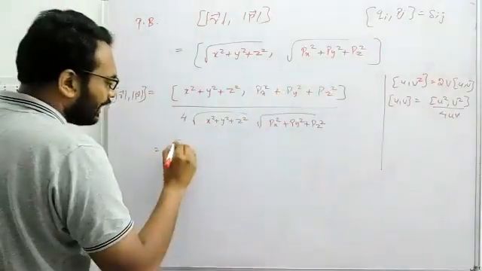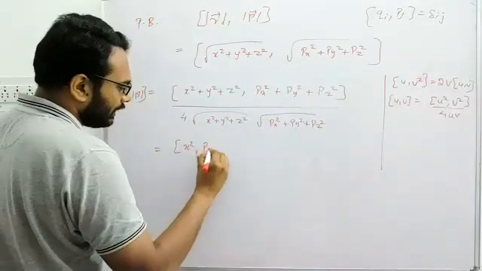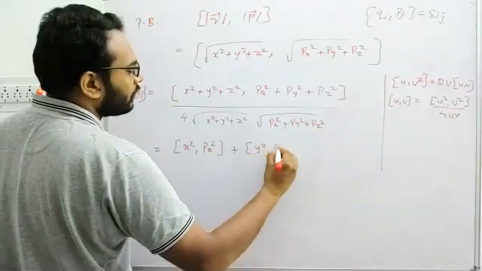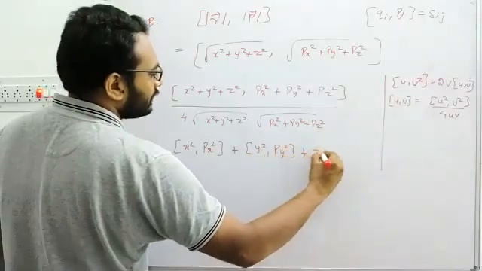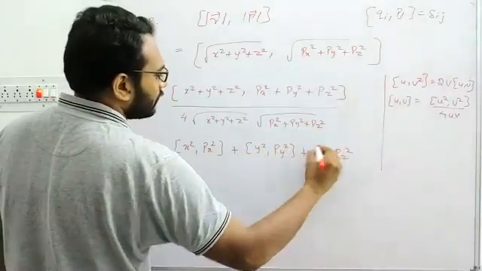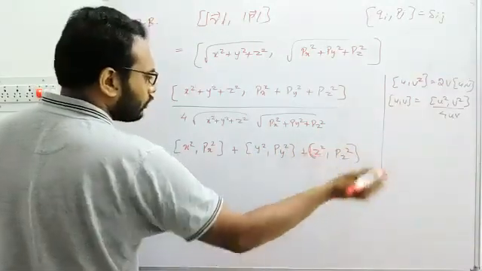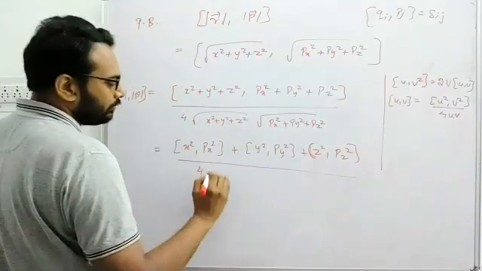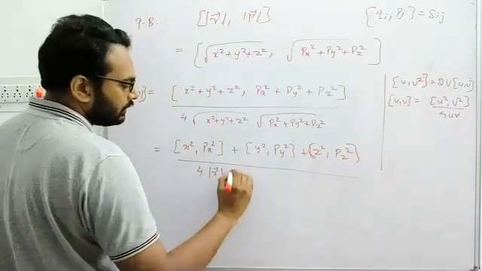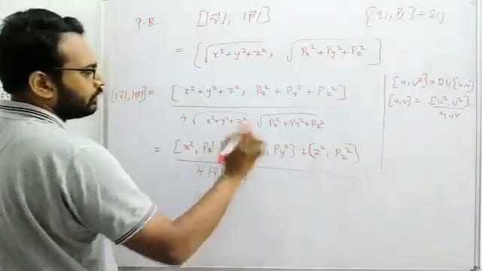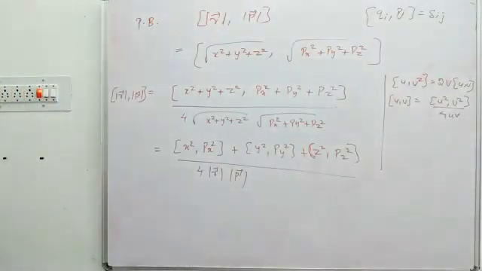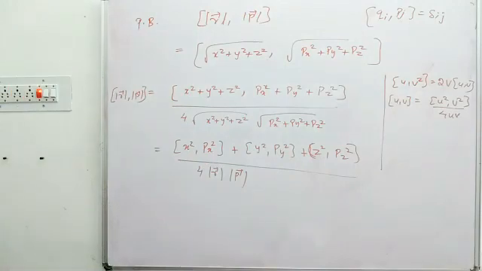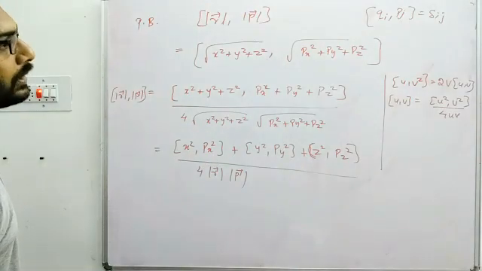So what we have is just x squared comma px squared plus y squared comma py squared plus z squared comma pz squared. We just used that all other combinations are 0. Now this is simply the modulus of r vector and the modulus of p vector. And what's x squared with px squared?